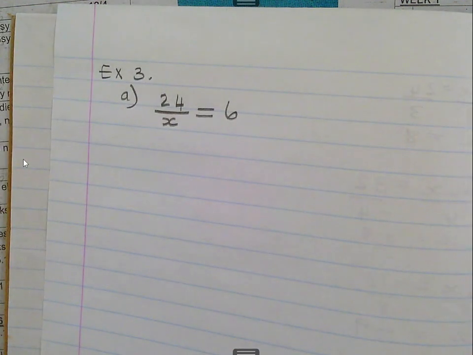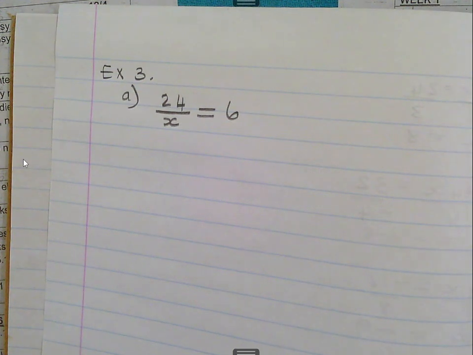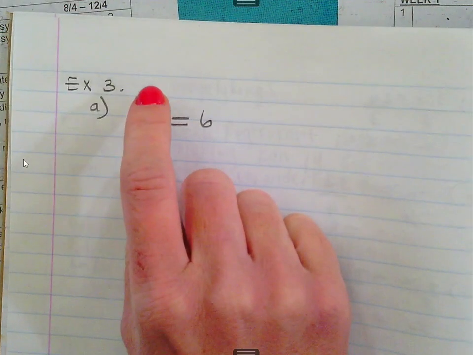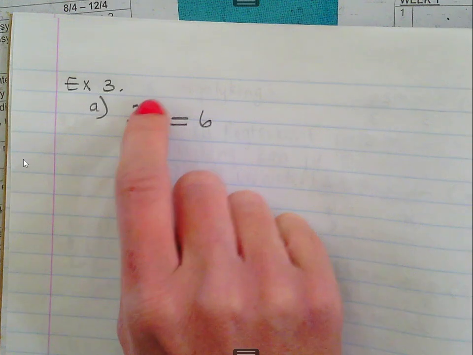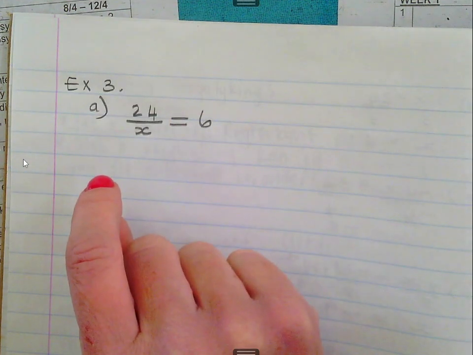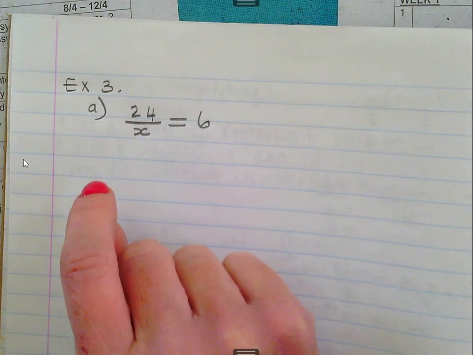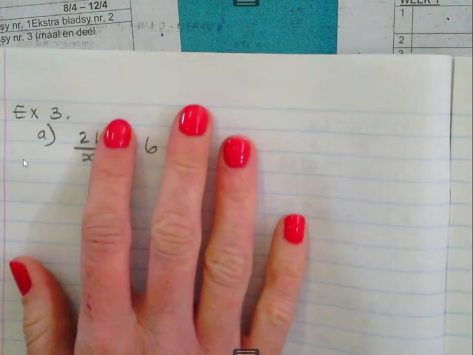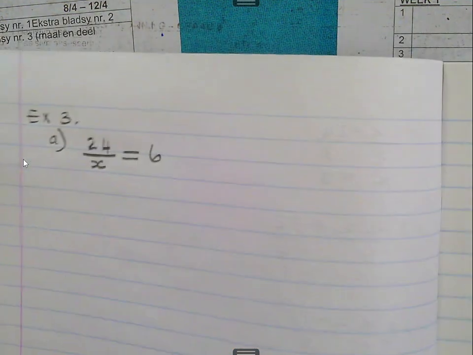Can you tell me how this one looks different? Yes, the variable and the number is swapped around. With the previous examples, the variable was at the top, so it was x divided by a number. Now it's a number divided by x. Okay, now I don't want you to write down now. Just quickly look here. I will tell you when you can write again.